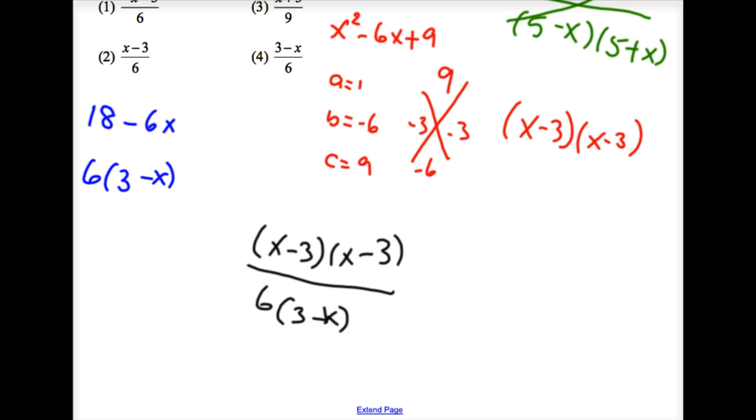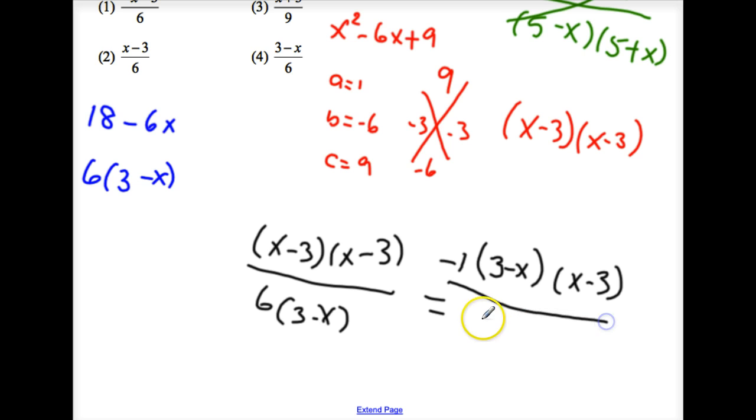That's not a k, that's an x. So now, again, how can I make these two the same thing? So multiply by a negative 1. This becomes 3 minus x and x minus 3.